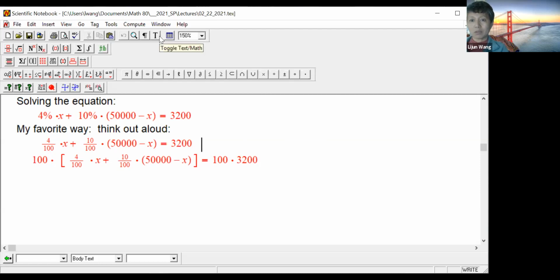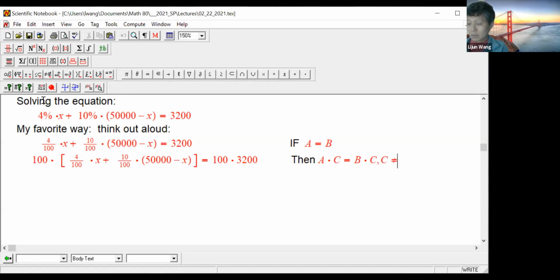If A is the same as B, an equation being an if statement, then A times C is the same as B times C, where C cannot be 0.